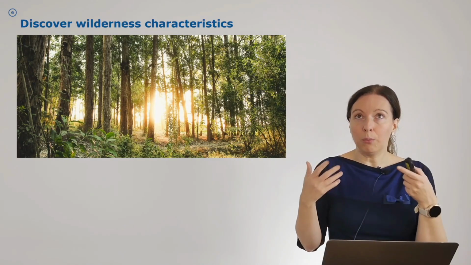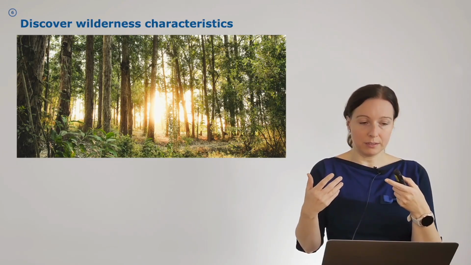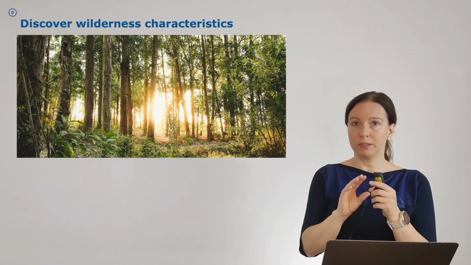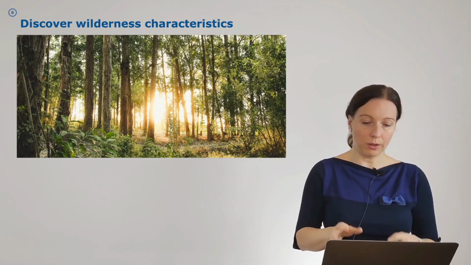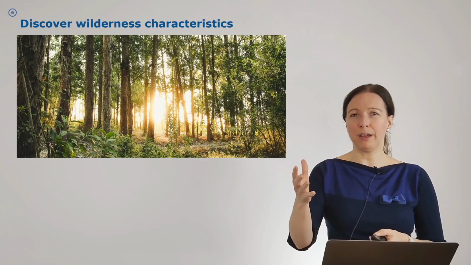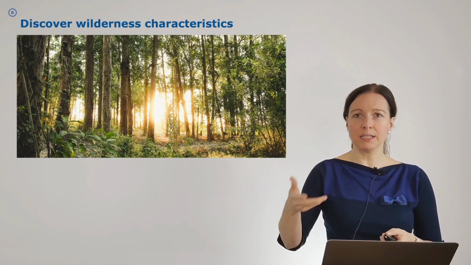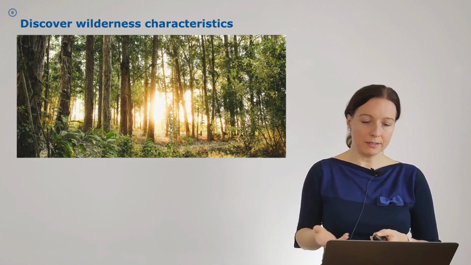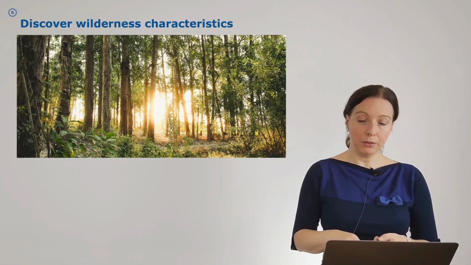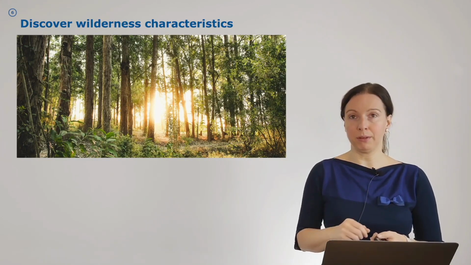That is one characteristic of wilderness: wide areas with no or little human influence. We want to find characteristics and patterns of wilderness in such areas, so that we can derive a definition that we can use for machine learning and mapping of wilderness.